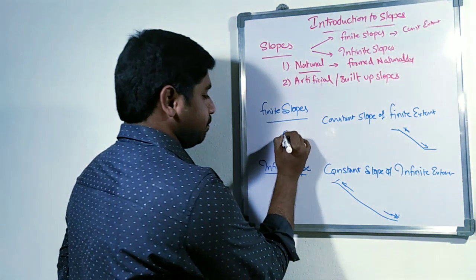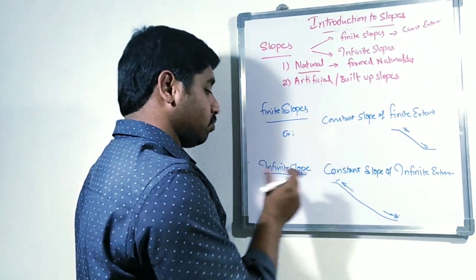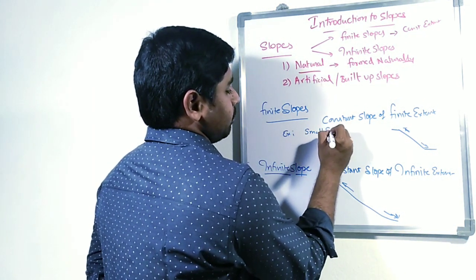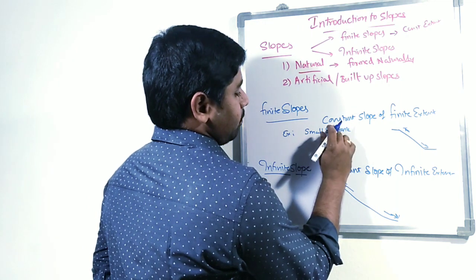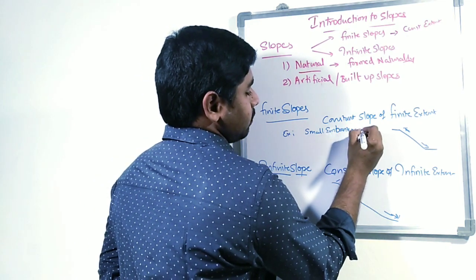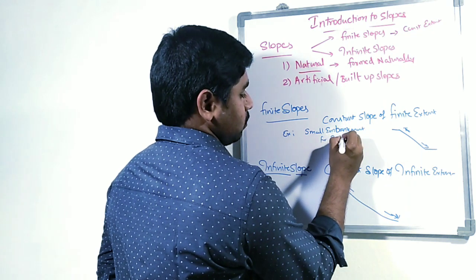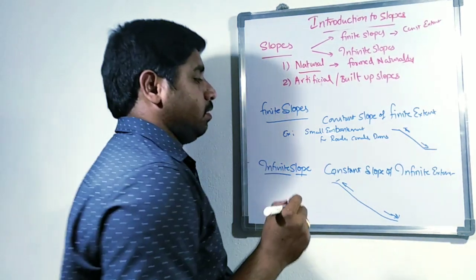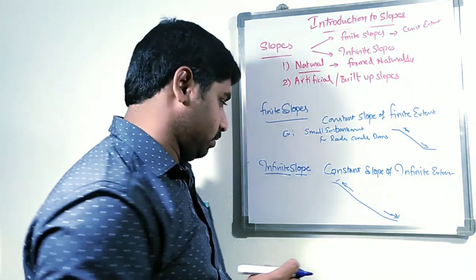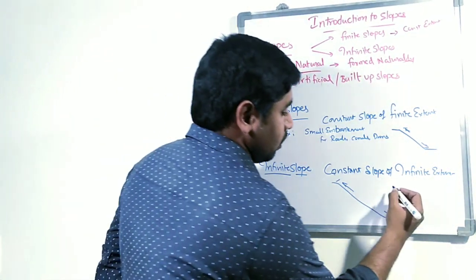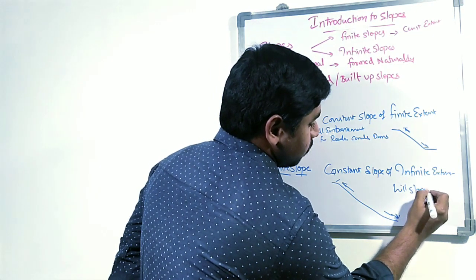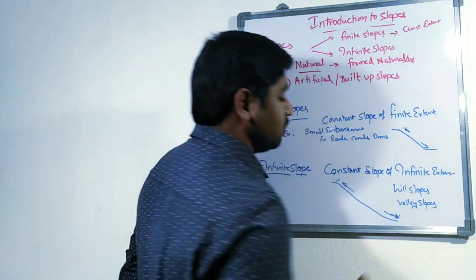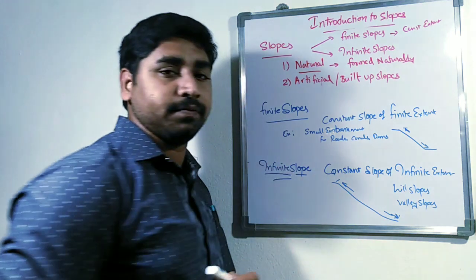If we see examples for finite slopes and infinite slopes: small embankments for roads, canals, dams, all this comes under finite slopes. Then coming to infinite slopes, hill slopes or valley slopes, all this comes under infinite slopes.